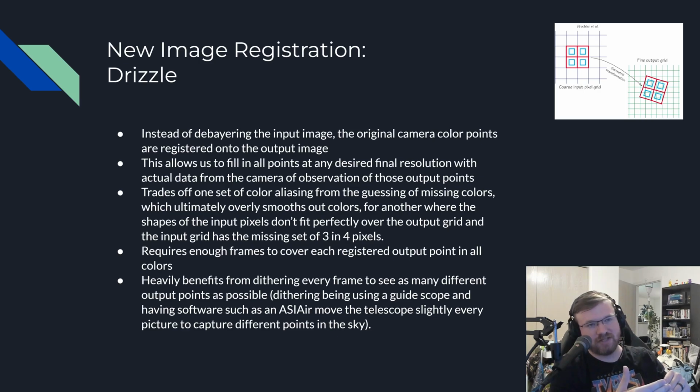And we use that to fill in the entire image and all the gaps from the Bayer grid with actual data instead of guesses. This allows us to trade off one set of color aliasing, those guesses, for the actual data that is maybe a little bit overly smooth with nearby data.